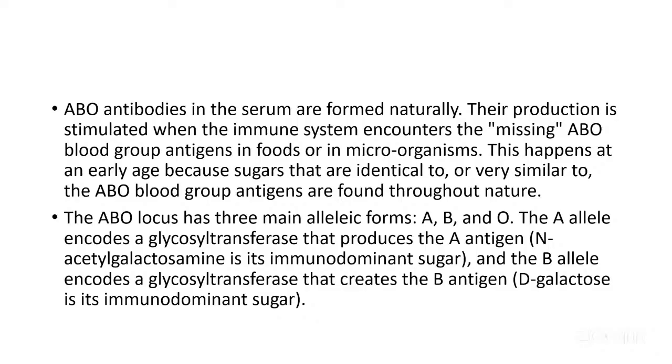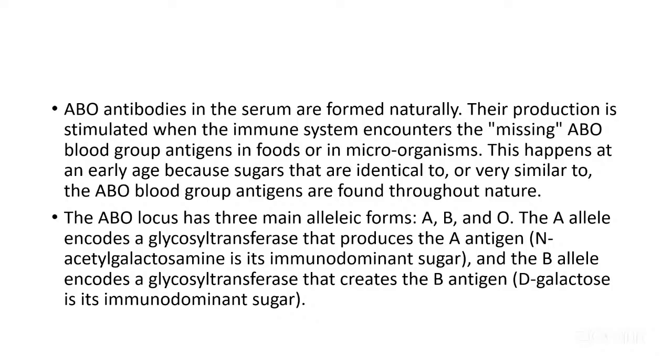Now, the ABO locus has three main allelic forms. We have said it earlier: the A, B, and O. The A allele encodes a glycosyl transferase that produces the A antigen, that is N-acetyl galactosamine as its immunodominant sugar. And the B allele encodes a glycosyl transferase that creates the B antigen, with D-galactose as its immunodominant sugar.